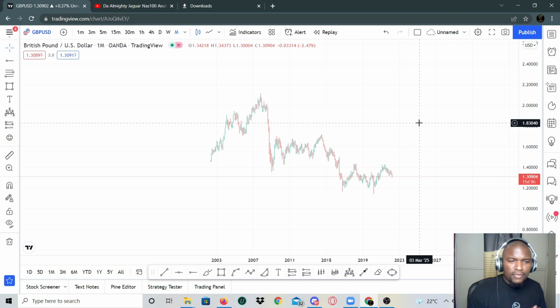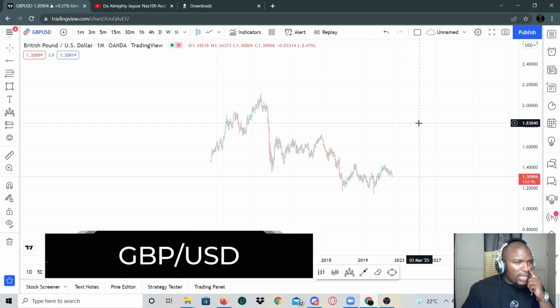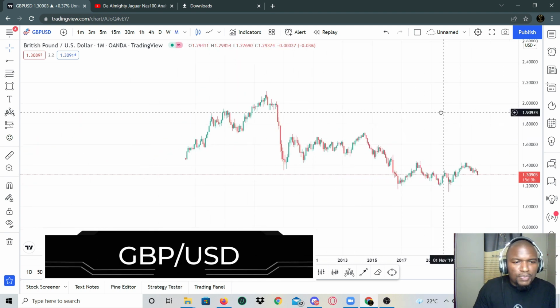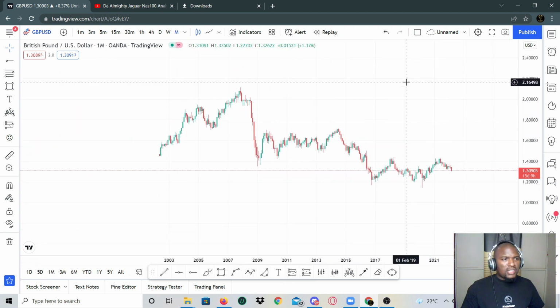Without any waste of time, guys, let us dive deeper and check what the first pair, GBP/USD, is holding for us. At this particular moment, as you can see, we are in the monthly time frame.